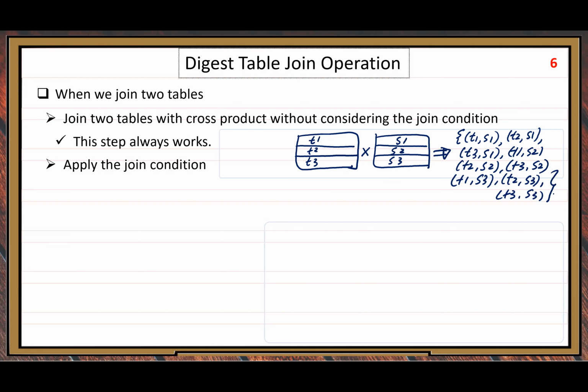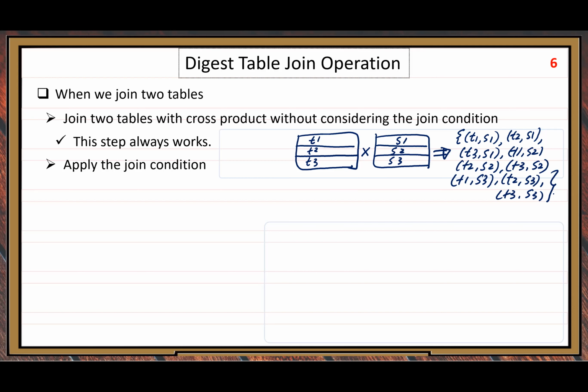That's the meaning of Cartesian product. You can always do it this way, no matter what conditions you have, so this step always works.